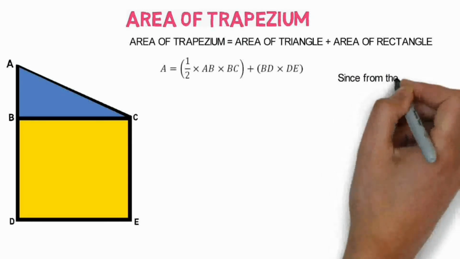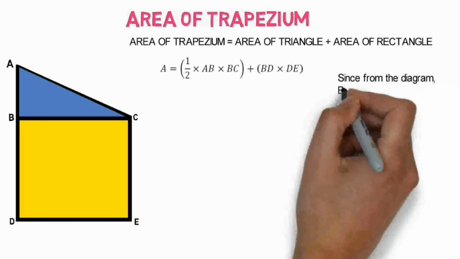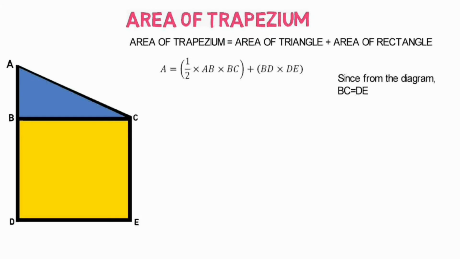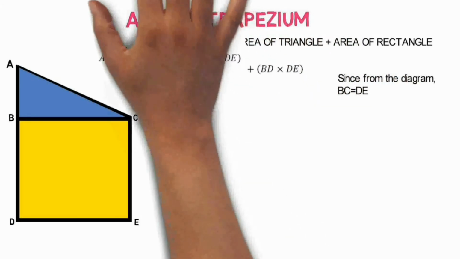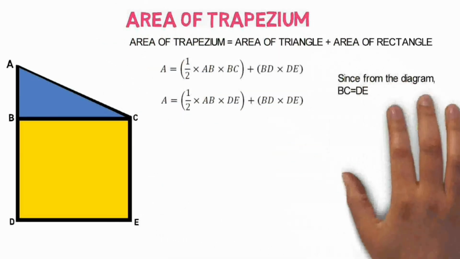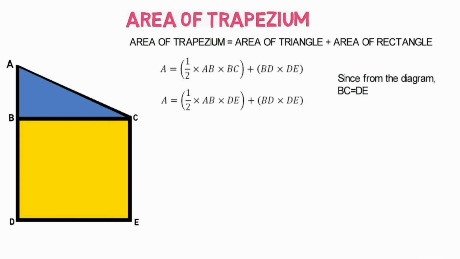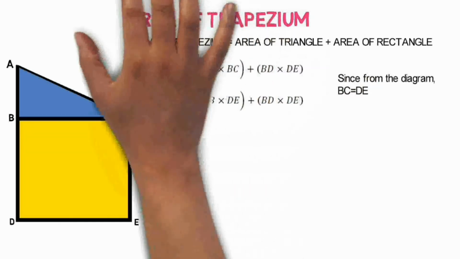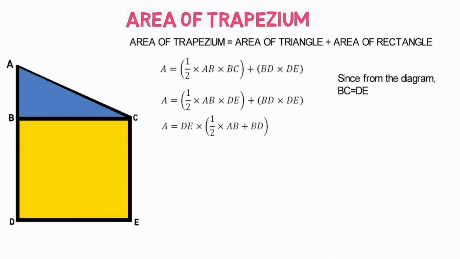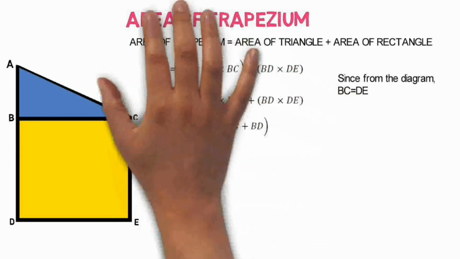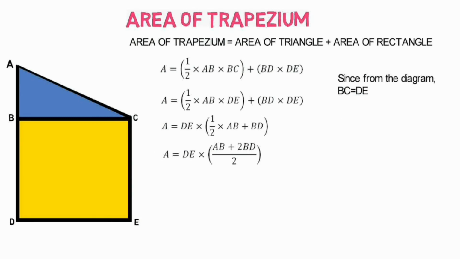Since from the diagram BC is equal to DE, substituting this in the above equation, we obtain A is equal to half AB into DE plus BD into DE. Now taking DE common, we can write A is equal to DE into (half into AB plus BD). Now by taking LCM, we obtain A is equal to DE into (AB plus 2BD) divided by 2.